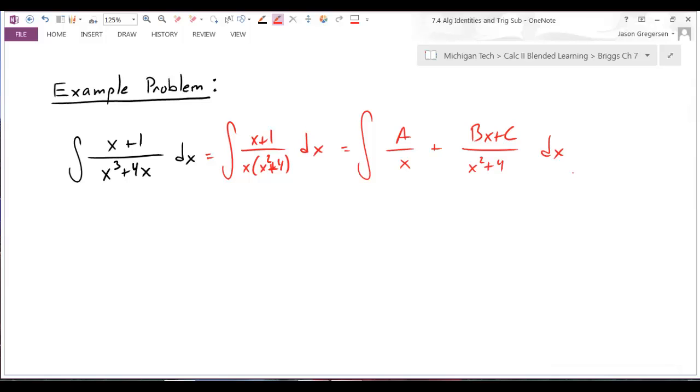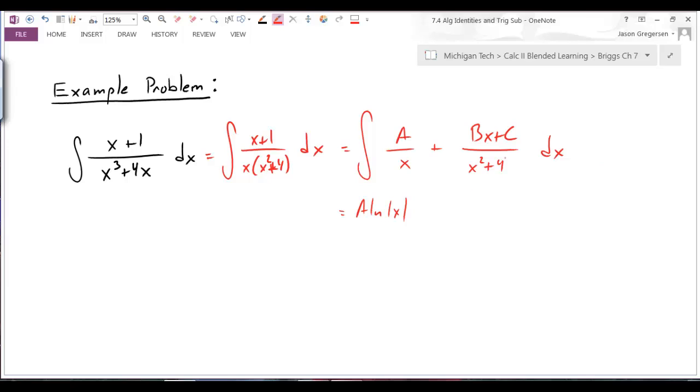But if I had the constants, well, then I'd have A times the natural log of the absolute value of x. And then how do I do this other piece again? What am I going to do with this thing? I don't know if I can do that right away. I think I'd break this into two pieces first.